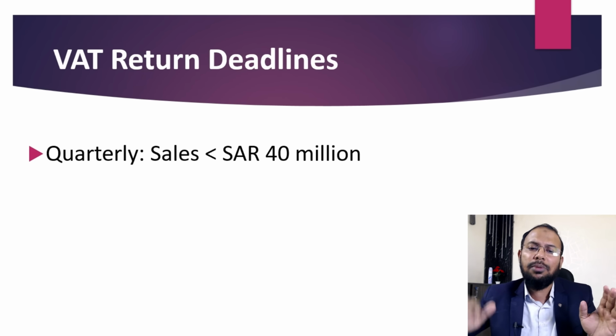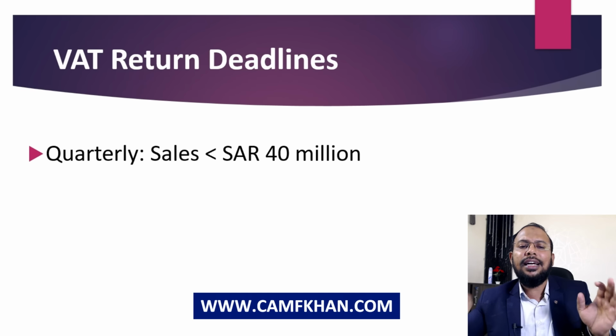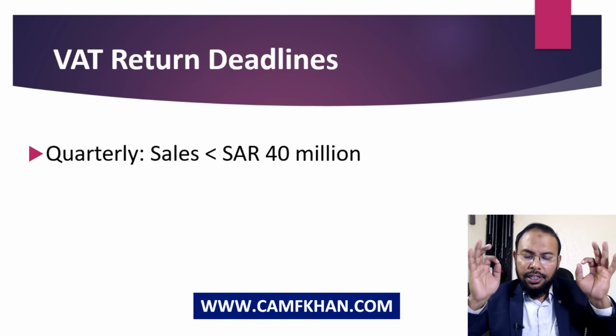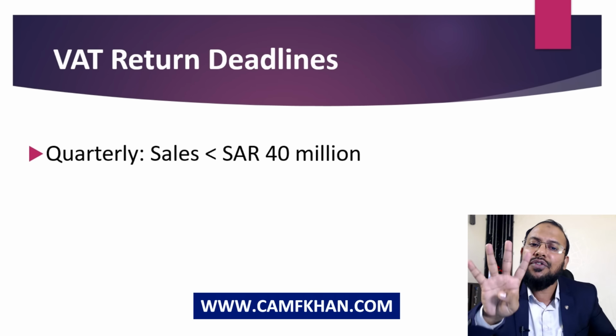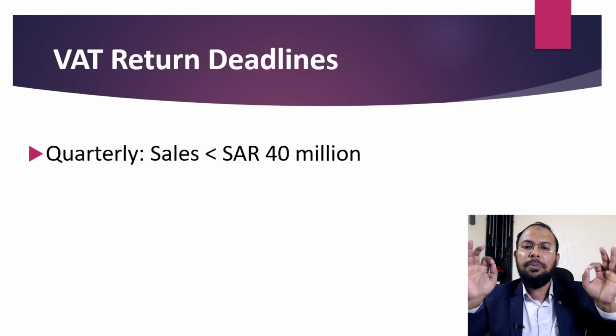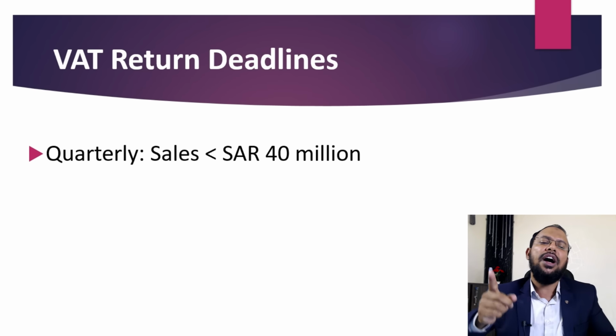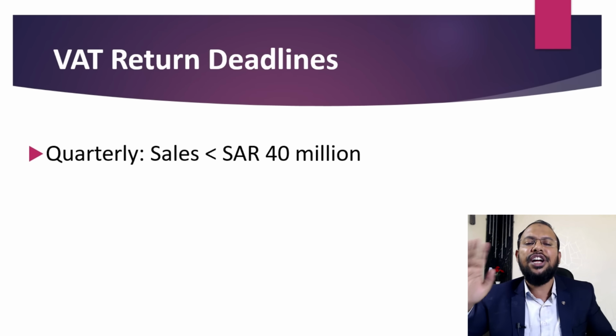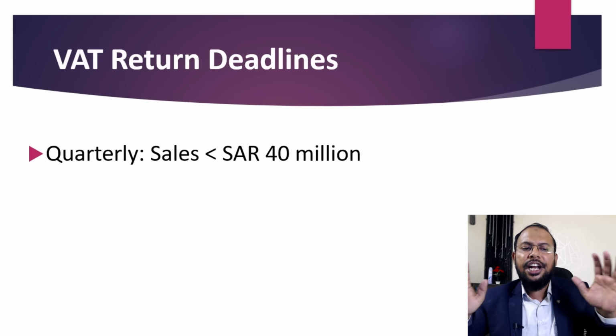If your sale is not beyond SAR 40 million, you have to file your VAT return on a quarterly basis. It means annually you have to file 4 VAT returns. You must remember, if you fall behind, you will be penalized. I hope you got it. There are two basic requirements. First, you have to take VAT registration in KSA. Second, you have to file the VAT return on time to avoid any penalty in KSA.